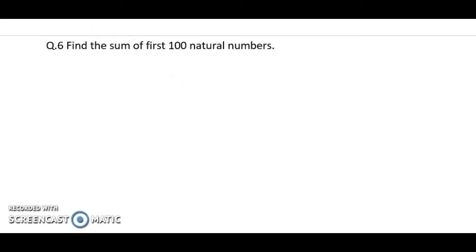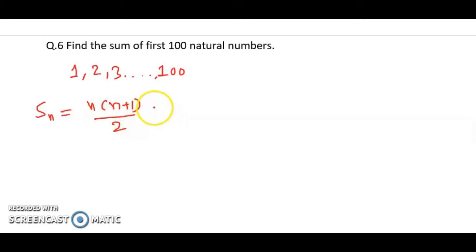See the next question. Find the sum of first 100 natural numbers. So here first 100 natural numbers means 1, 2, 3, 4, 5 up to 100. We have to find the sum of first 100 natural numbers. So here we have two formulas to find the sum of natural numbers. First is n into n plus 1 divided by 2.